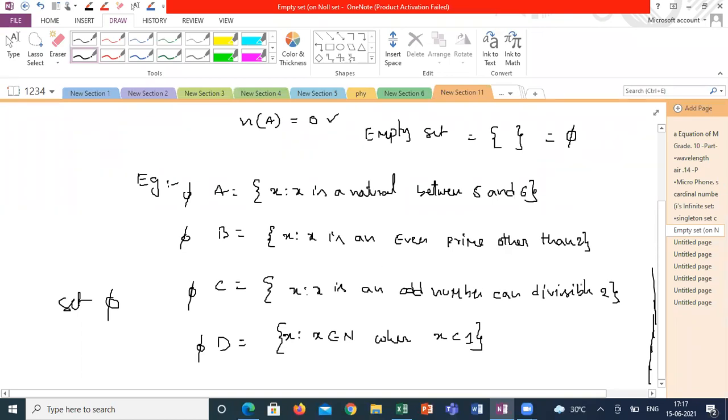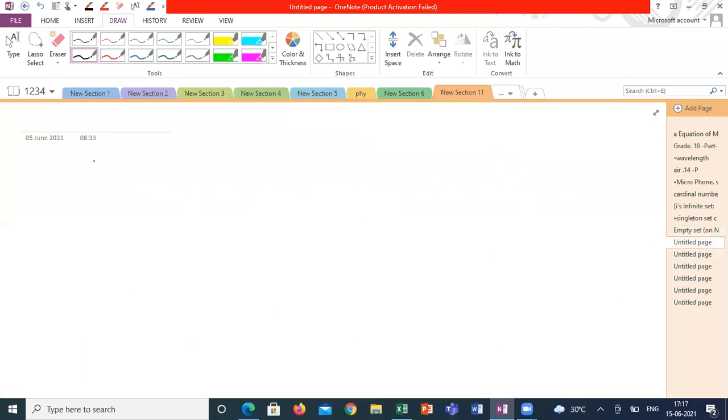Yes. Next one is joint sets or overlapping sets. The meaning of joint sets or overlapping sets: this definition can be explained with the help of more than one set.